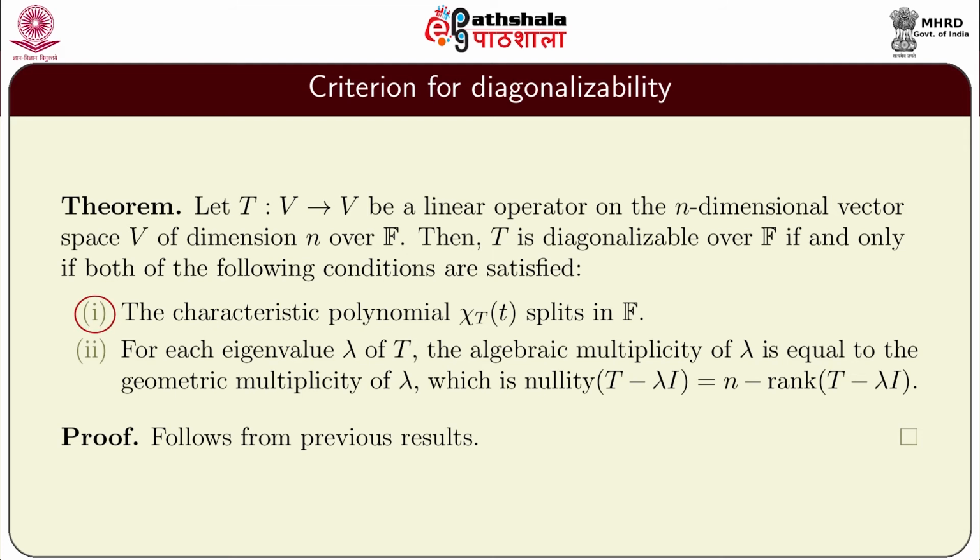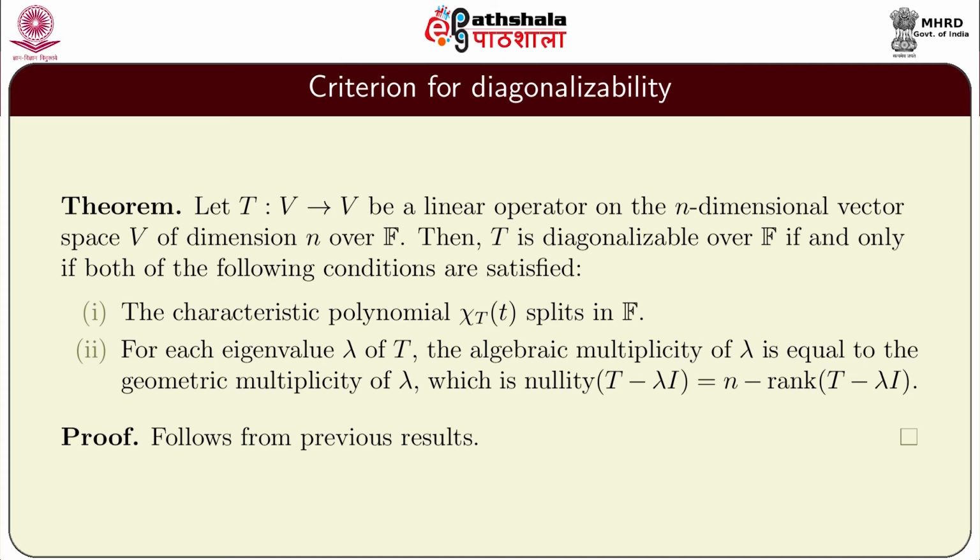Condition 1, the characteristic polynomial chi t splits in the field F, and 2, for each eigenvalue lambda of T, the algebraic multiplicity of lambda is equal to the geometric multiplicity of lambda, which is the nullity of the operator T minus lambda I, and that is n minus the rank of the operator T minus lambda I.